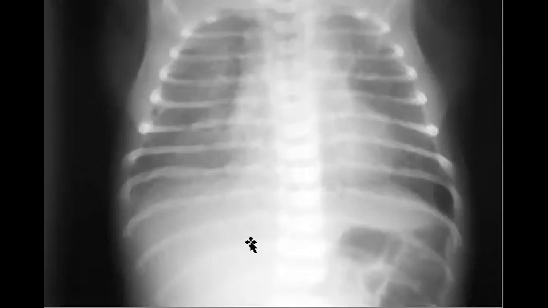When you find good lung volume, you will mention meconium aspiration, or TTN, transient tachypnea of newborn, or which type of pneumonia would you like to mention? Streptococcal pneumonia or non-group B?